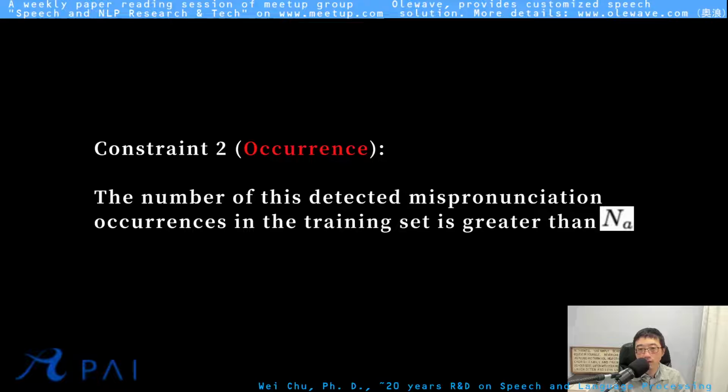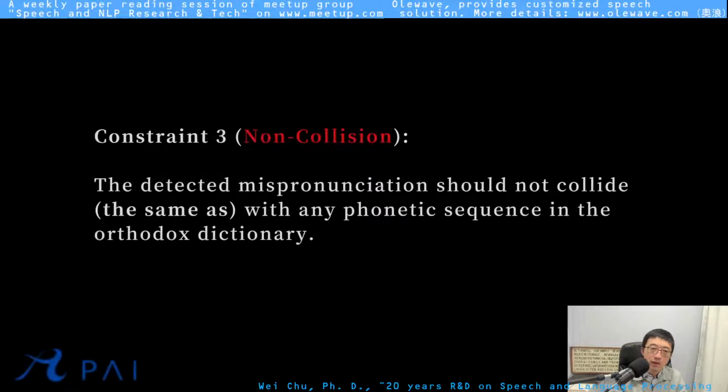Second, occurrence is easy to understand. Only if the occurrence exceeds a certain threshold should you add this into the dictionary. I think the first two constraints are not new. The third one is new, and this is what I proposed.